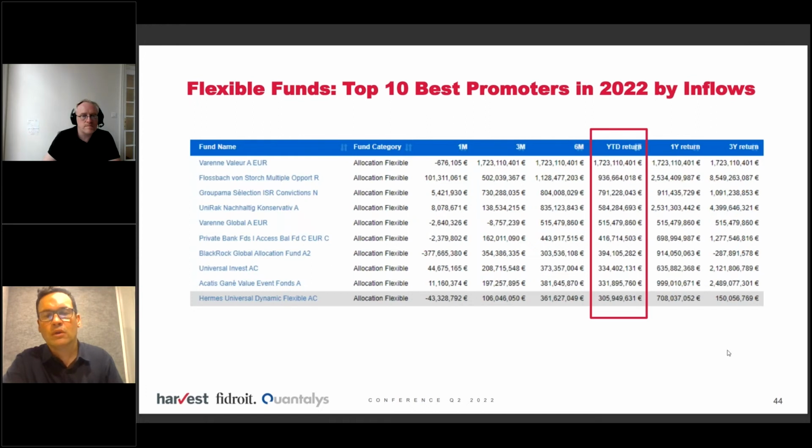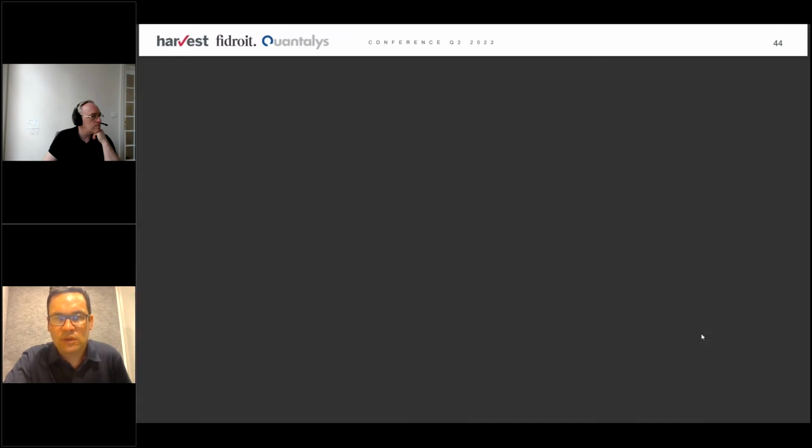If you track the net inflows year to date, you have names like Varenne Valeur in France, Flossbar, BlackRock Global Allocation, Acatis, and so on. So you have boutiques and distribution channels, but the blockbusters are still collecting during this environment.